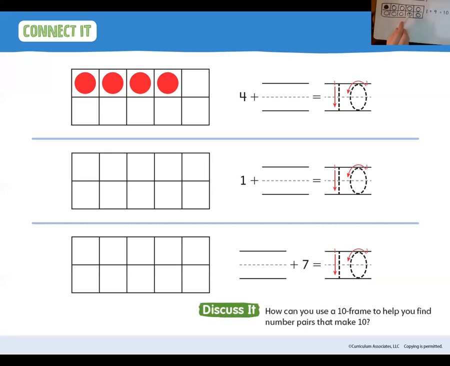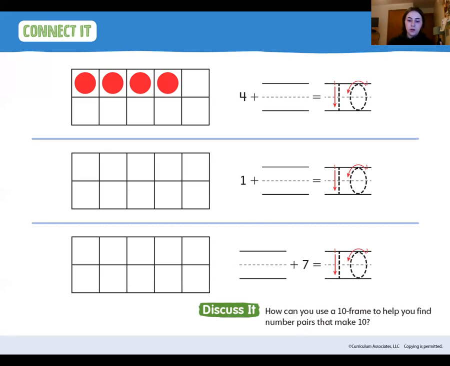So I filled out the rest of my 10 frame to figure out 1 plus how many was going to be 10. And it looks like I found 1, 2, 3, 4, 5, 6, 7, 8, 9. So that means that 1 plus 9 equals 10? Awesome work.